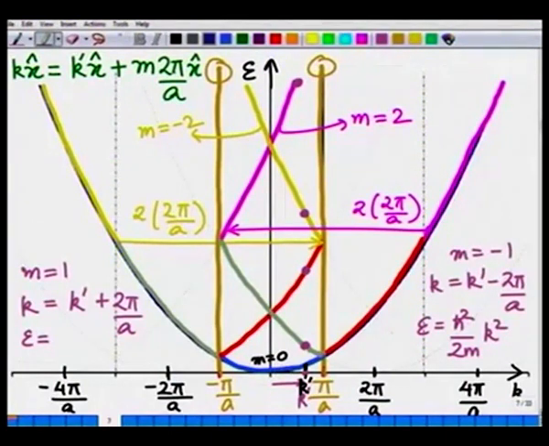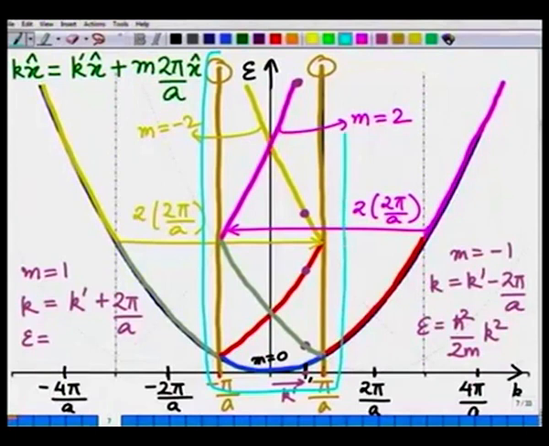Then you can see that we can confine this entire band diagram only within this region. Only within this region we can look at it, and this is the band diagram really.